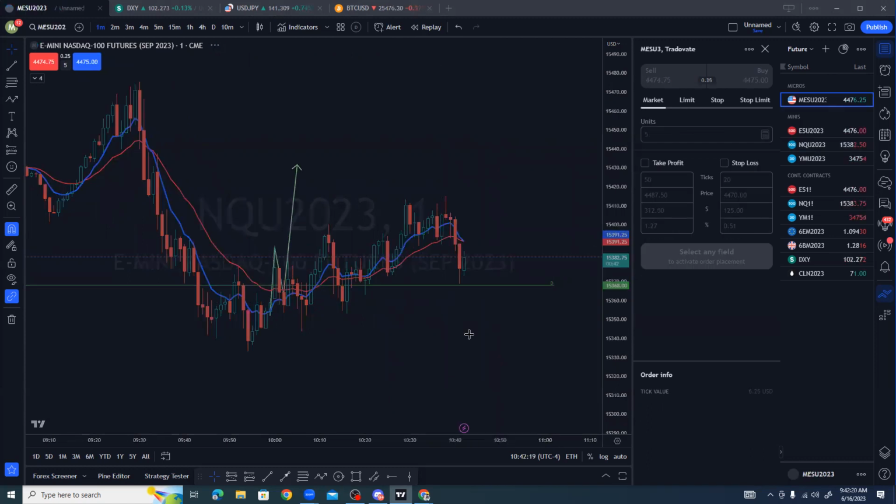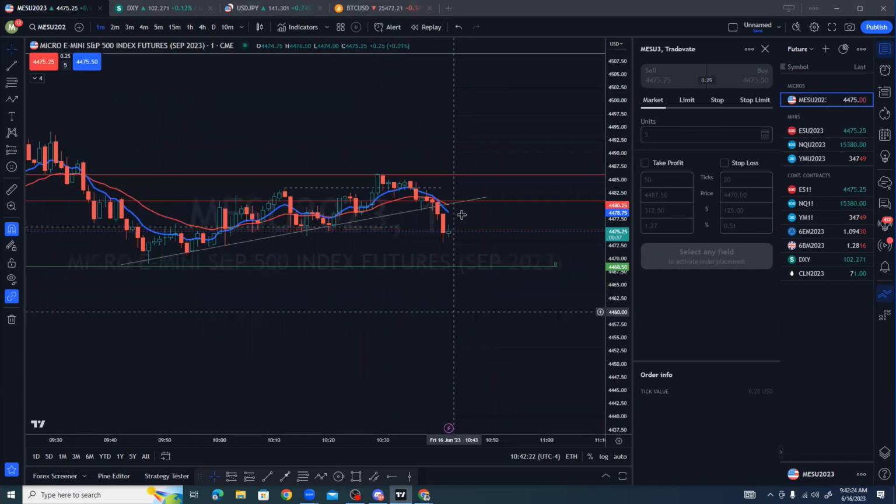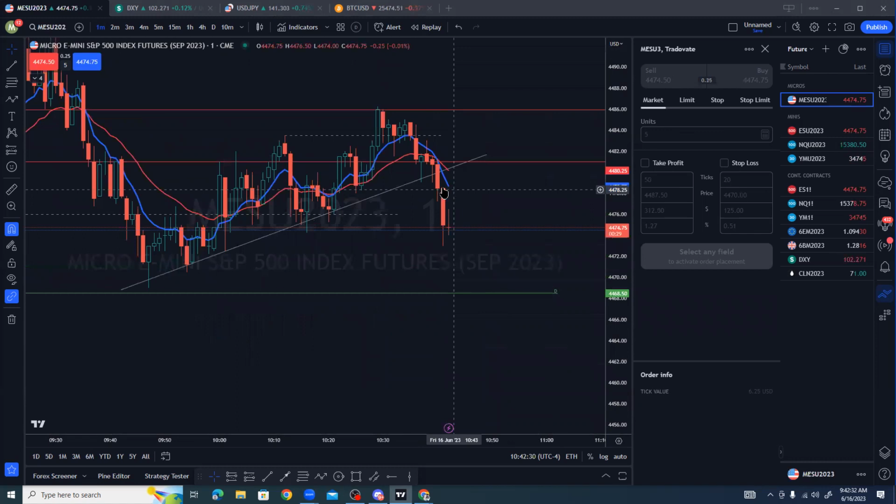Let's go back up here. I would not want to see this candle come up and completely engulf this one. I would just want to see a close here and then another close, and then possibly a third candle, and then the push down.